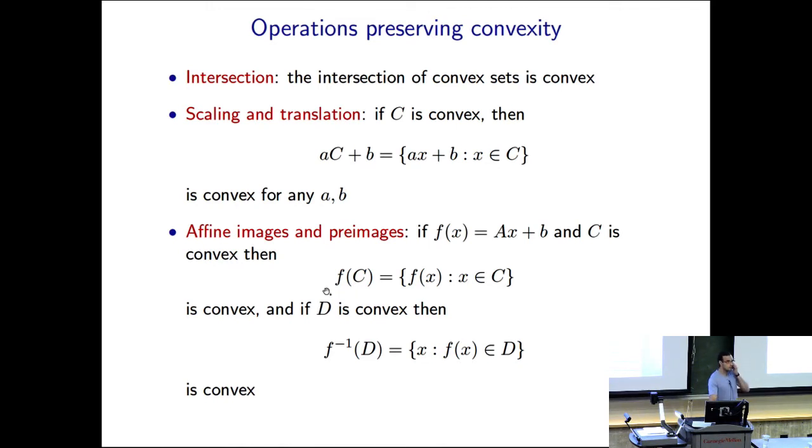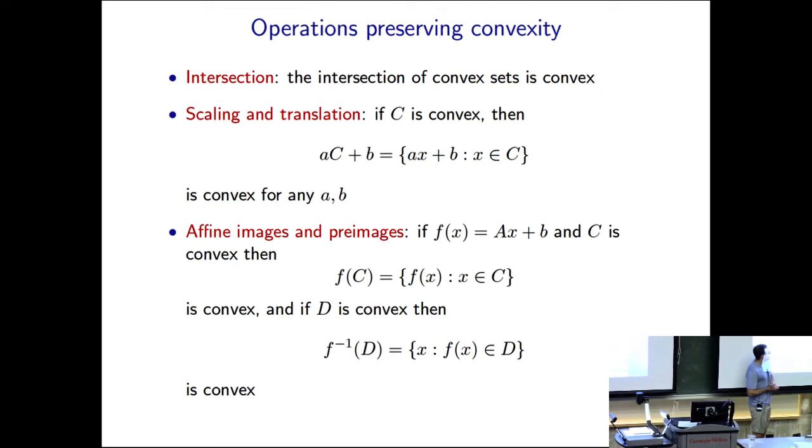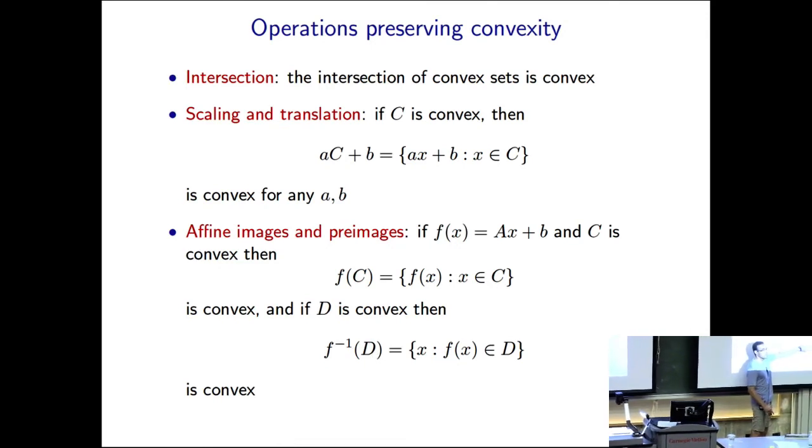Another thing that just follows very directly from the definition. The opposite, in some sense, is applying an affine preimage. So when I write f inverse of a set, I don't mean that this function f in general is invertible. This doesn't mean the inverse of f. This means the preimage, or the inverse image, of the set D under the map f.